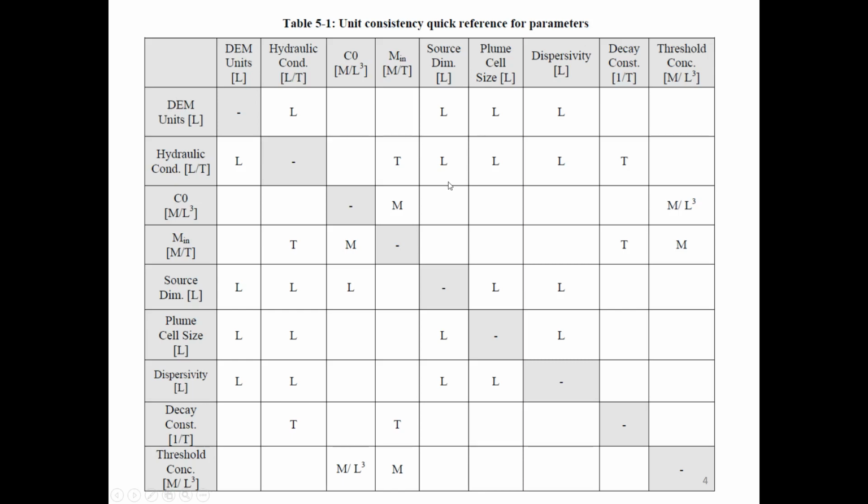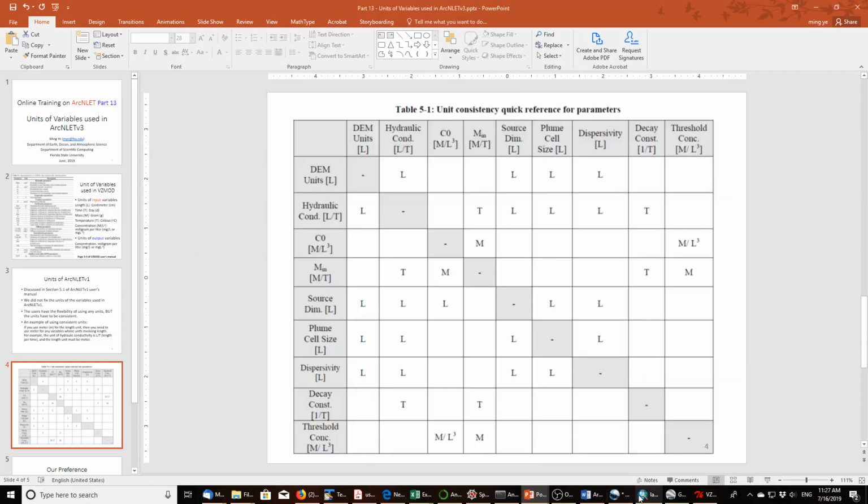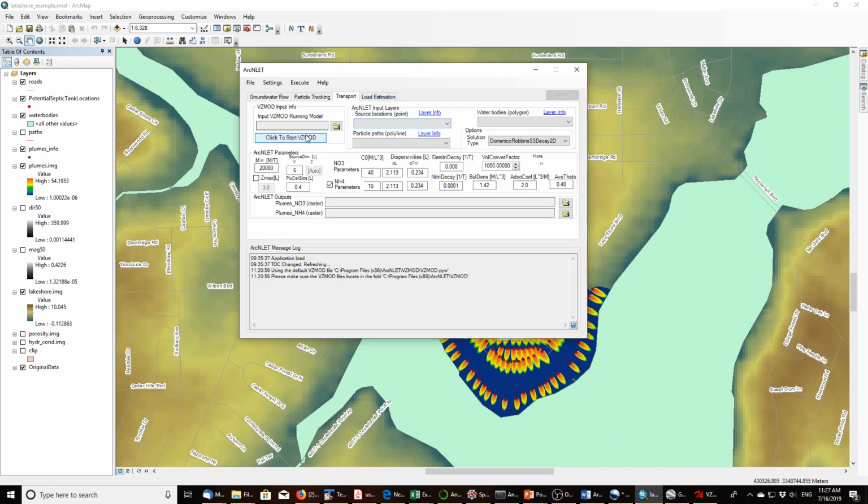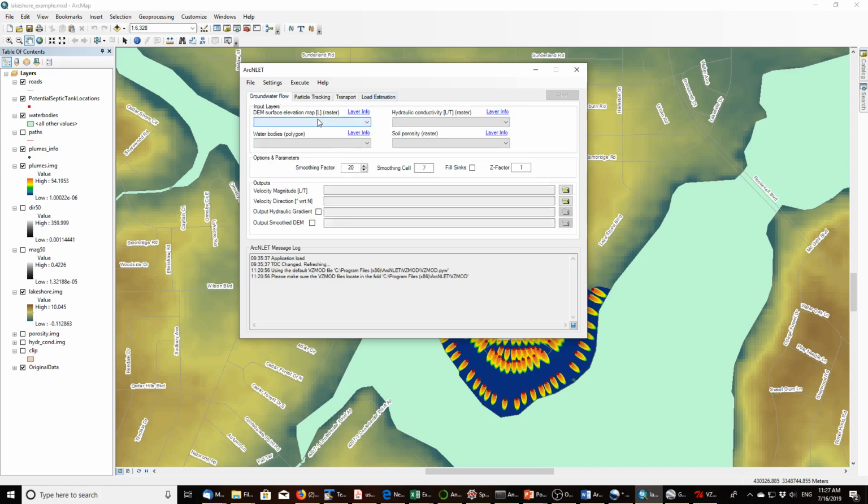If we go back to the ArcNLET user manual, you see this unit notation everywhere. For the DEM surface elevation map, there is a square bracket with L, which means this requires a length unit.